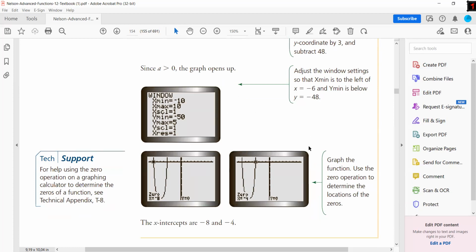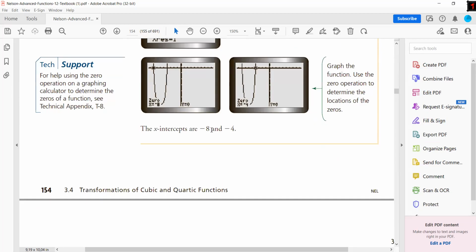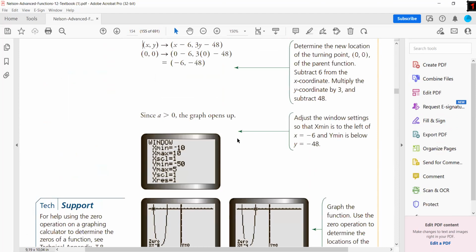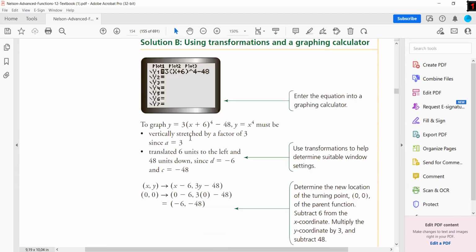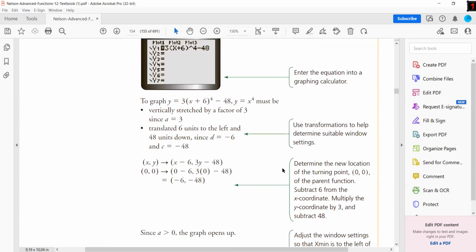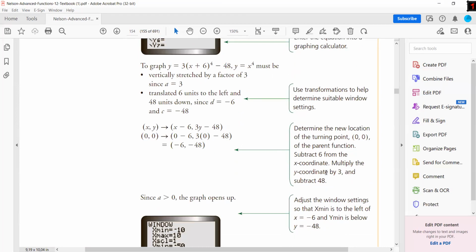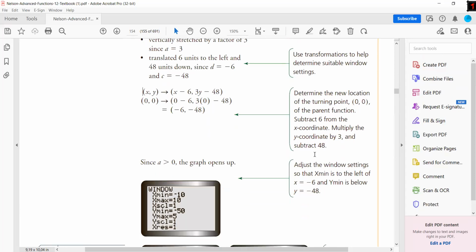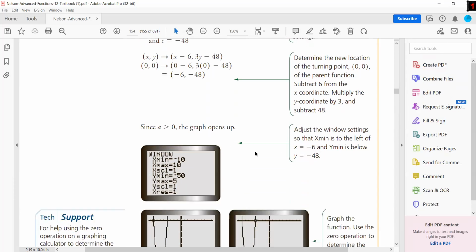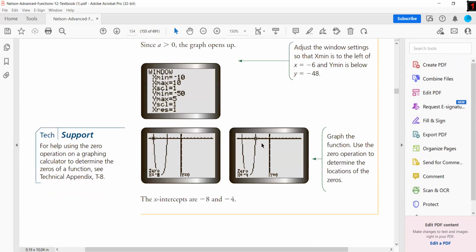So basically what it says here, we apply all the transformations to our parent function, determining a new location of critical points like turning points, etc. Adjusting the window and finding new zeros. And here you can see the answer would be -8 and -4.